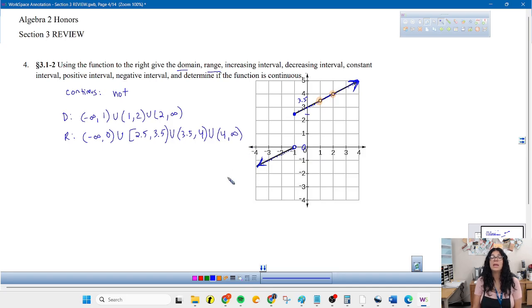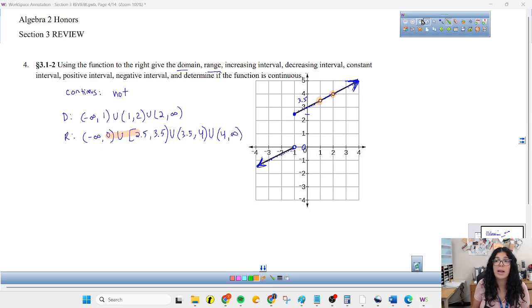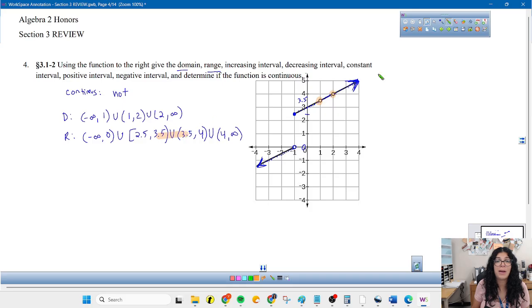So quite a lot of breaks in the graph. We do have arrow at the bottom, negative infinity, to arrow at the top, positive infinity. However, we have no points which have y values between 0 and 2.5. We have no points that have the y value of 3.5, and we have no points that have the y value of 4.